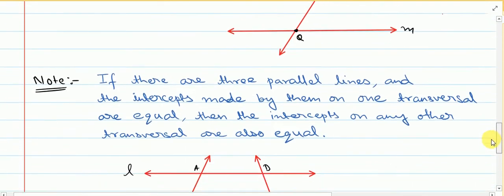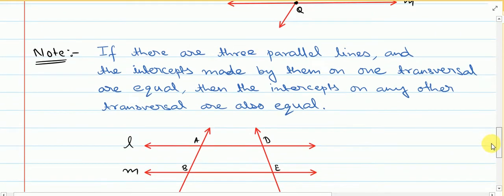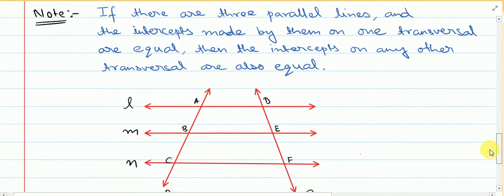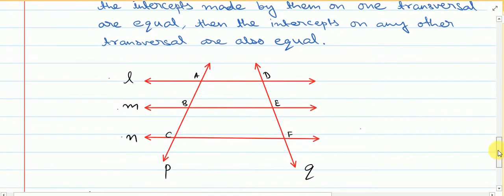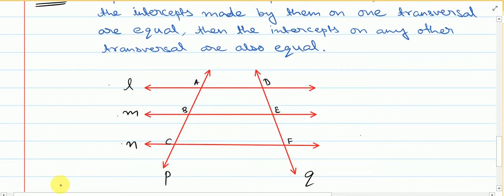Now there is one theorem related to intercept. This theorem says that suppose you have three parallel lines, like here I have considered L, M, N. If you have three parallel lines and you have a transversal, let's say I consider one transversal P. This line is called a transversal.